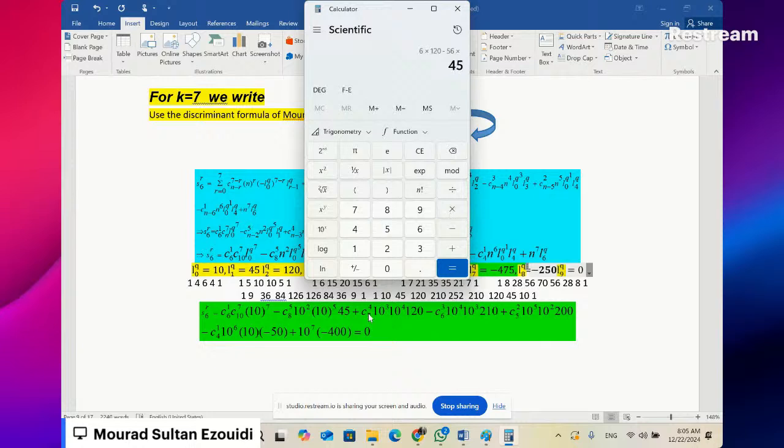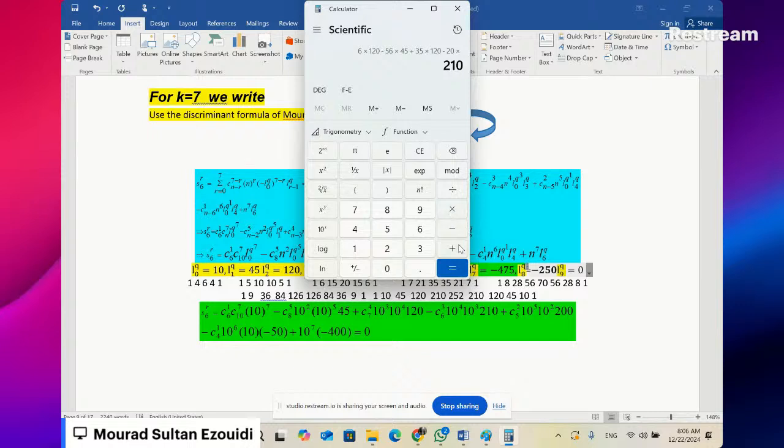Then plus 7 choose 4. This is 1, 2, 3, 4, which is plus 35 times 120. Minus 6 choose 3, which is 20. Minus 20 multiplied by 210.